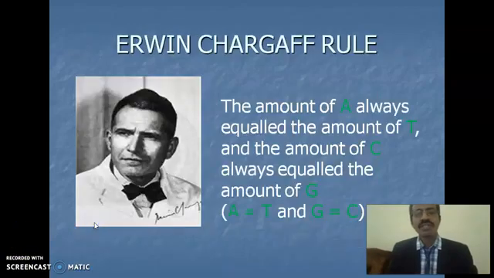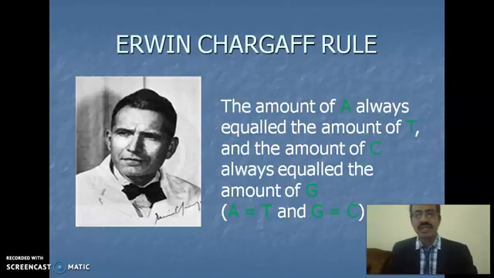And later, Erwin Chargaff proposed Chargaff's rule. According to this rule, the amount of purines in DNA is equal to the total amount of pyrimidines. That means adenine and guanine are purines, and thymine and cytosine are pyrimidines.